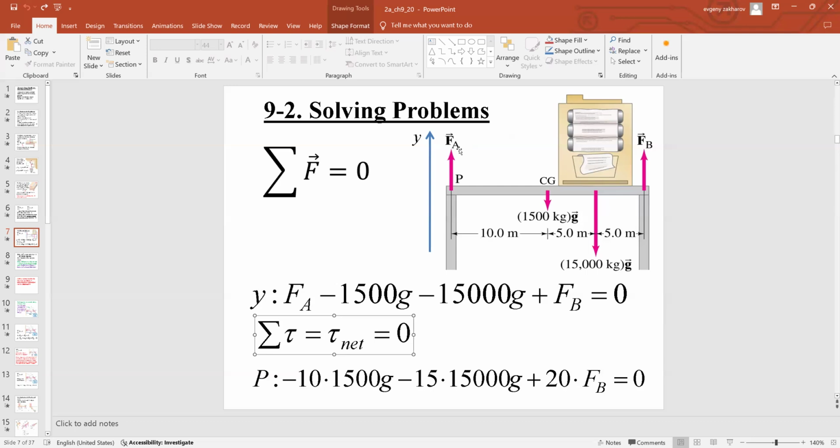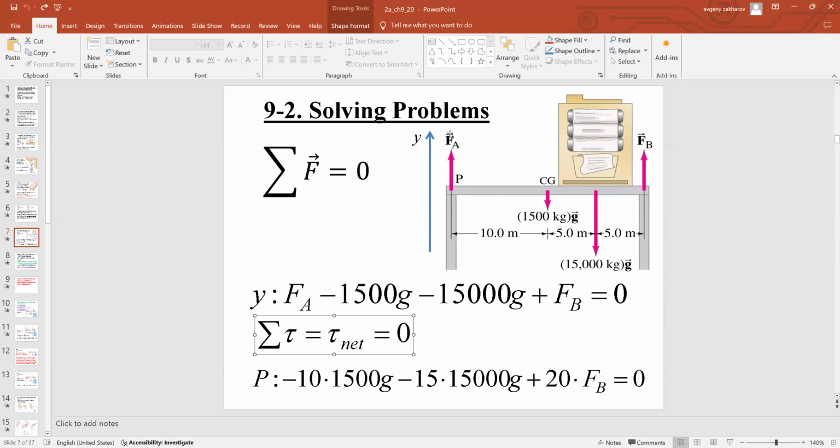Moment arm is the shortest distance between the line of action and the axis of rotation. So if the axis of rotation that you choose is right here, point P, then the line of action for F sub A crosses the axis of rotation, and the minimum distance between the axis of rotation and the line of action is 0.